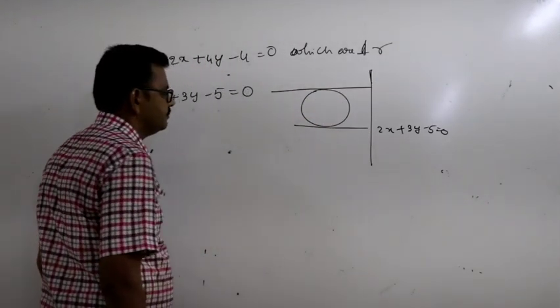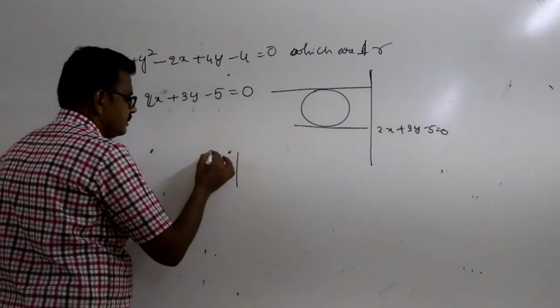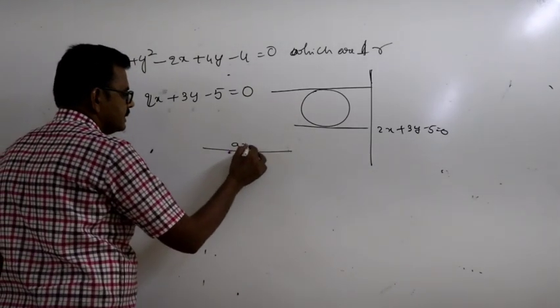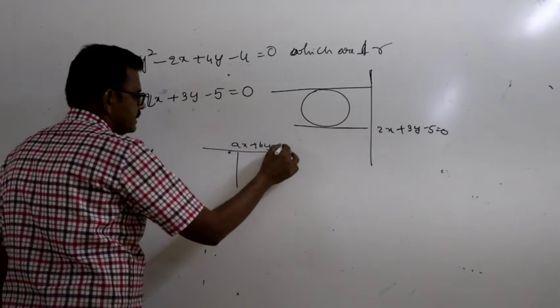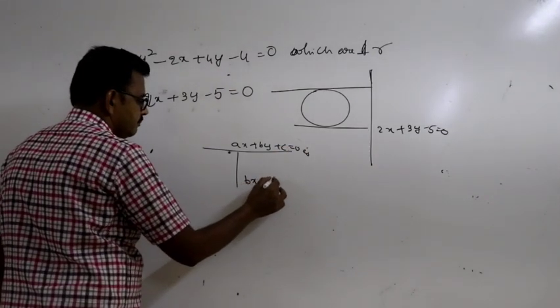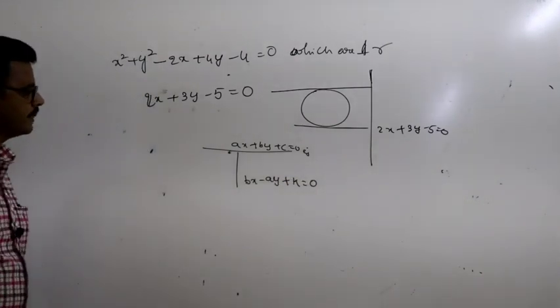These are the tangents. Now the equation of a line perpendicular to ax plus by plus c equal to 0 is of the form bx minus ay plus k equal to 0.